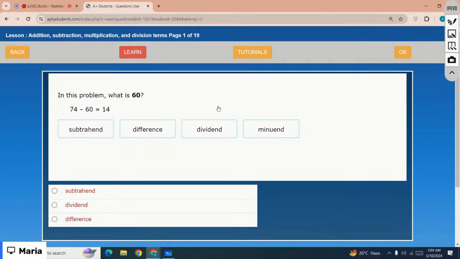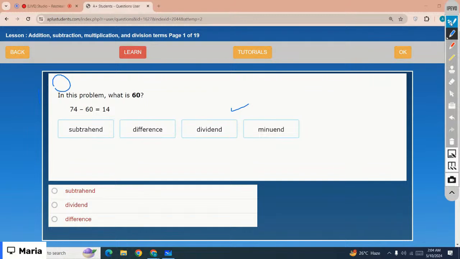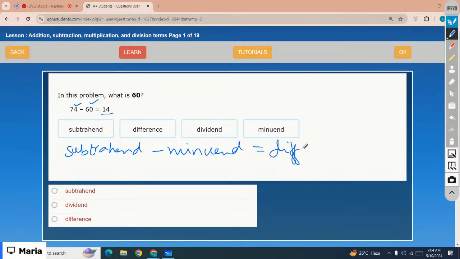So when we subtract a number, this number is the subtrahend, this one is the minuend, and this is the difference of subtrahend and minuend.